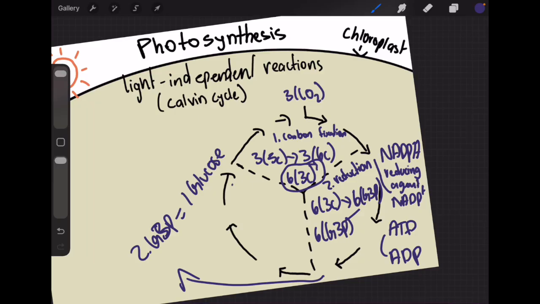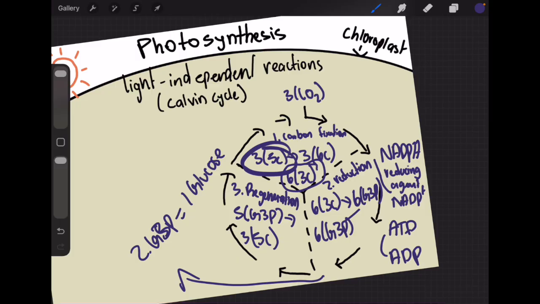So we have this last step, regeneration, in which now we have 5 G3P, and we convert this back into 3 of 5C, where 5C is obviously our ribulose biphosphate. So that's our cycle that we use to get our glucose, right? Now that it's back into 5C, we can run the cycle again, and when more CO2 enters, we can continue this Calvin cycle, and now we have glucose, right?